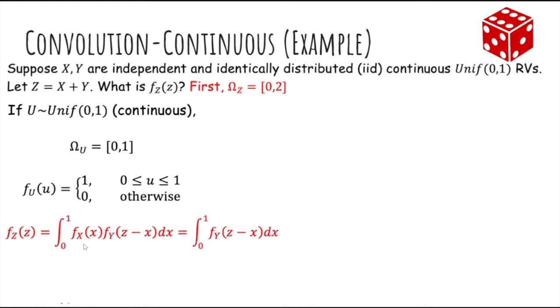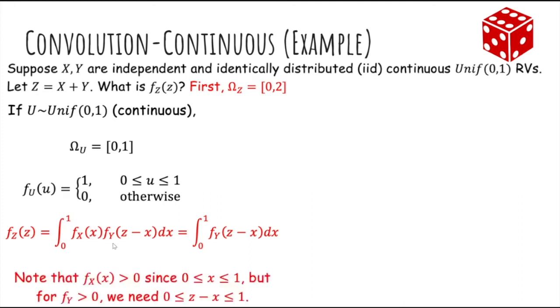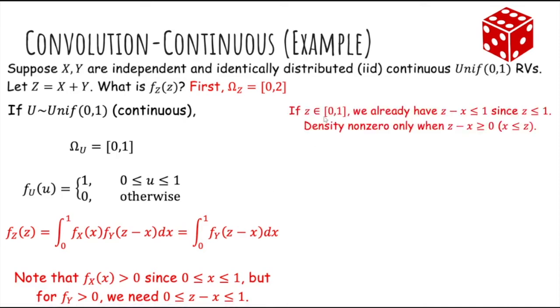Because the density of X is 1 everywhere between 0 and 1, this term is always 1 within this integral range, so we can remove it. Notice that if you want the density of Y to be non-zero, we need to make sure that this value inside here, little z minus little x, is between 0 and 1. If z is in the range 0 to 1, we already have that z is at most 1, so therefore z minus x is at most 1 too, because you're only subtracting and making it smaller.